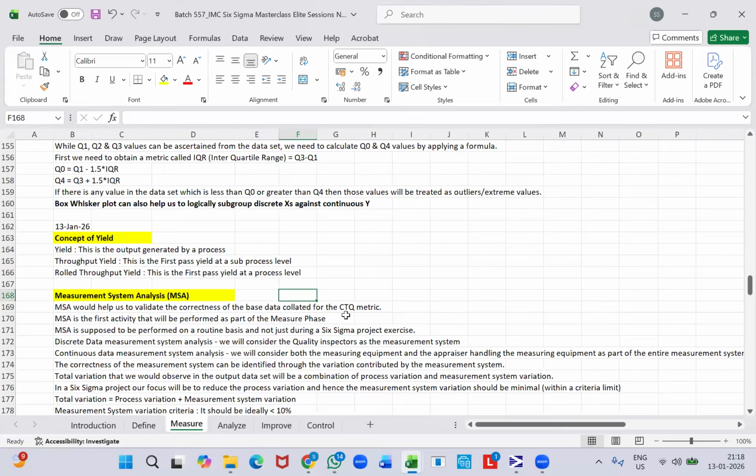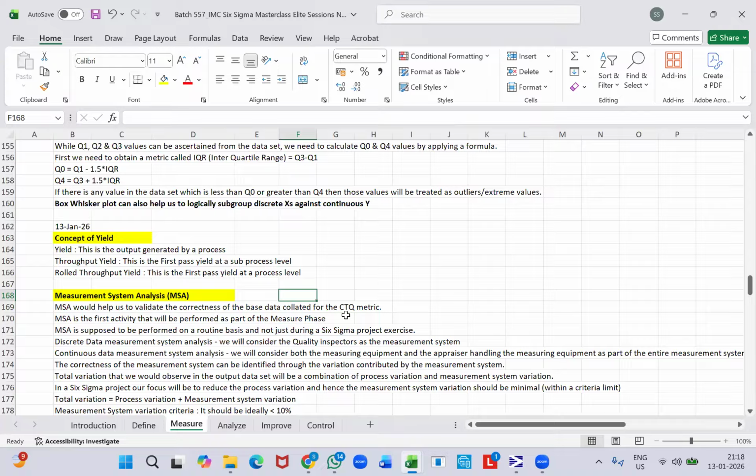So in order to confirm the validity of the base data that we would collate for populating a metric, it's always better to perform this measurement system analysis exercise. Similarly, say you have some measurement values collated. So how do you know that whatever measurement values I have collated is absolutely valid, right?